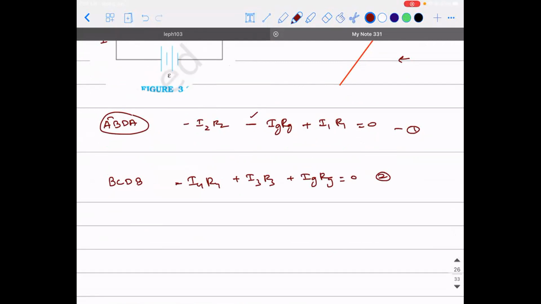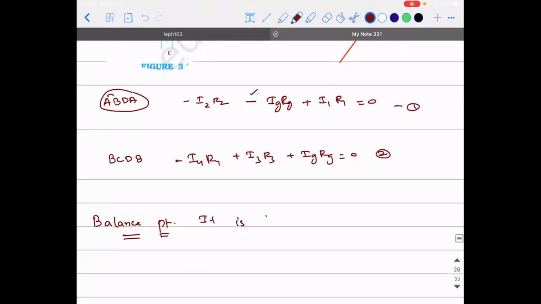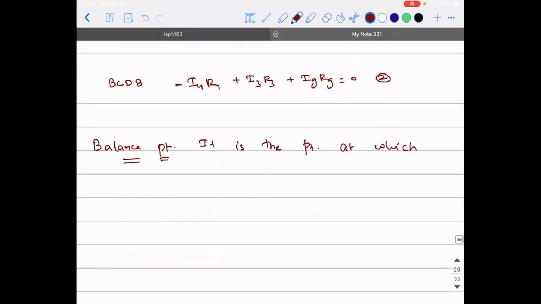See, here comes an important point, guys. I want you all to make a note. There is something called balance point. So what exactly does a balance point mean? It is the point at which the galvanometer shows no deflection.